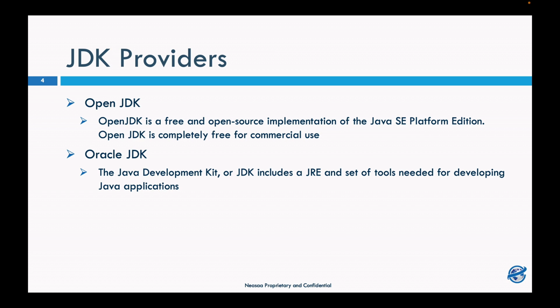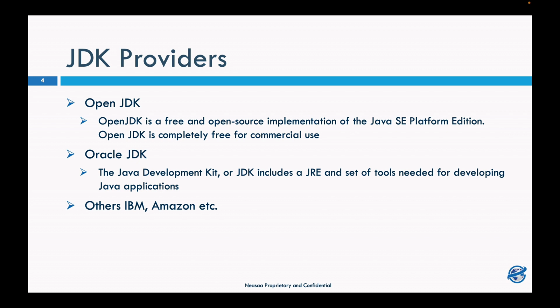So if you're using something in production, you need to get a license from Oracle. And there are other providers as well, like IBM, Amazon, and a few more. But for today's tutorial, we are going to download the JDK from Oracle.